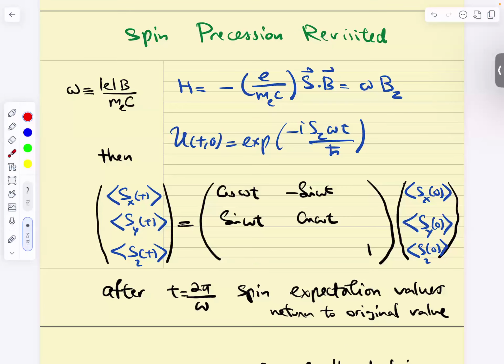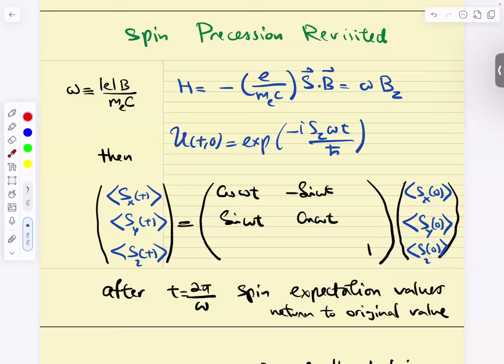All right, what was the calculation over there? Let's say you have an electron or any particle that has charge, with charge unit minus one, whatever it is. So I put in an electron. The Hamiltonian is going to be minus electron charge over m e c, S dot B. We're exposing it to some magnetic field.